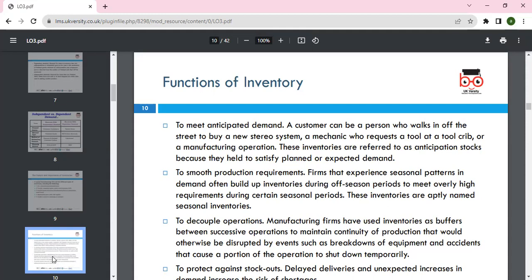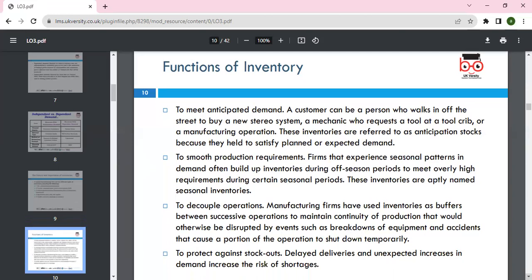Second, to smooth production requirements. The firm experiences seasonal patterns of demand, so it builds up inventory during the off-season period to meet the high requirement during certain seasonal periods, like Christmas. We need to keep more inventory then.